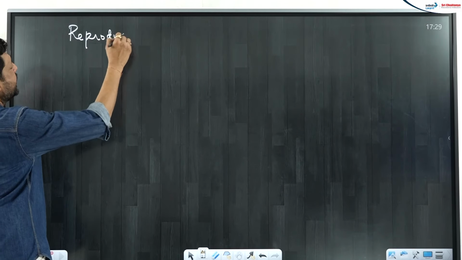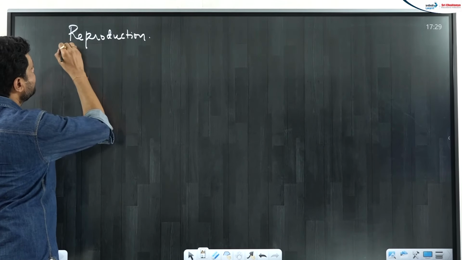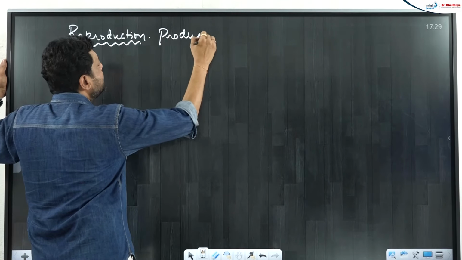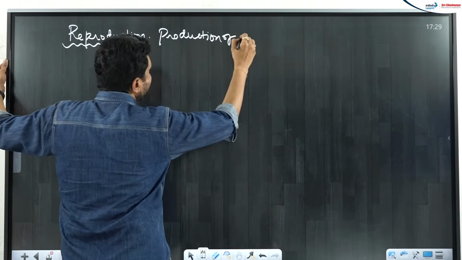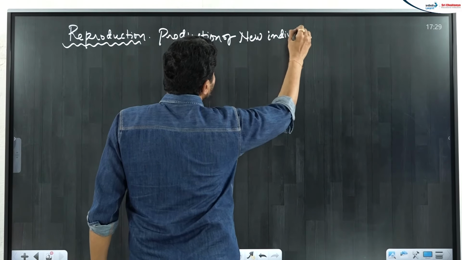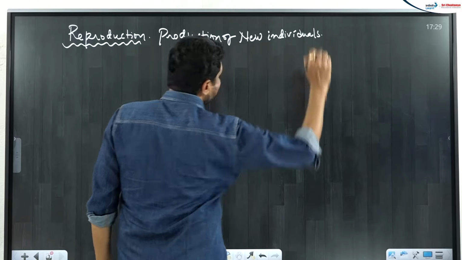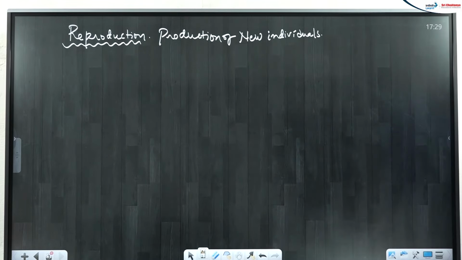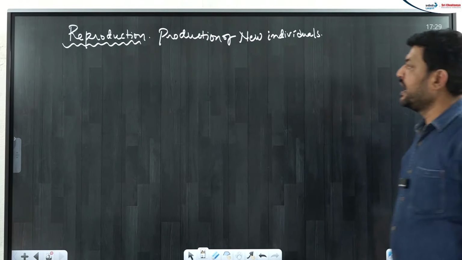Come back here. Let us go to a new place to define reproduction. What is reproduction? Production of new individuals more or less identical to the parents is called as reproduction.